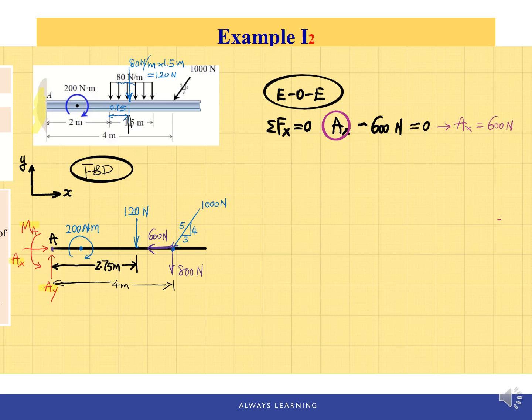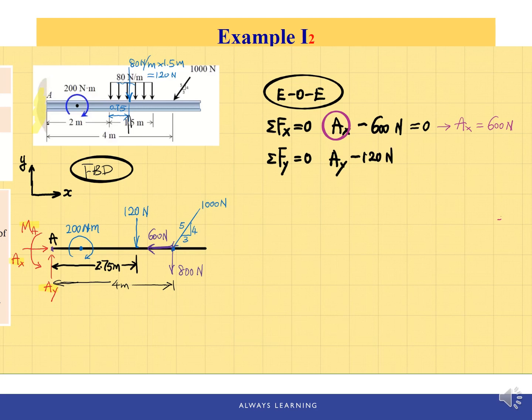And next, we're going to write the equation of sum of Fy equals 0, and we only need to gather the forces pointing in the y direction. Ay, that's the first one. And the next one will be negative 120 Newton because it's pointing to the negative y direction.